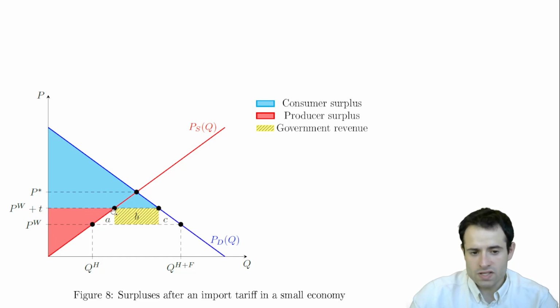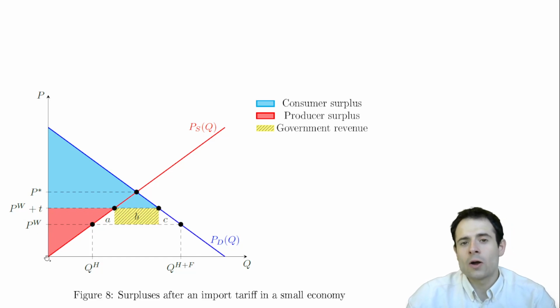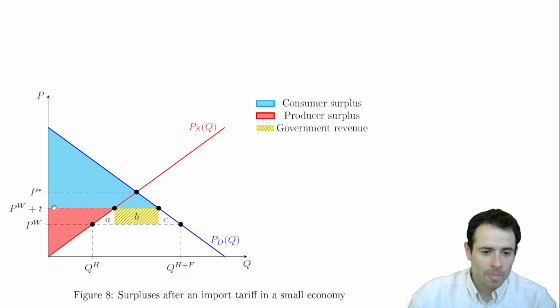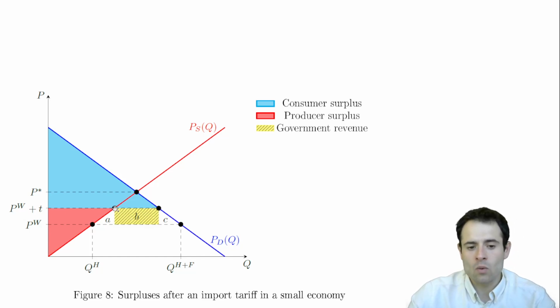Producer surplus is increased. So producers are benefiting from the tariff because they can sell the product for a higher price in the home market. At this price, imports are going to be lower than what they used to be before.